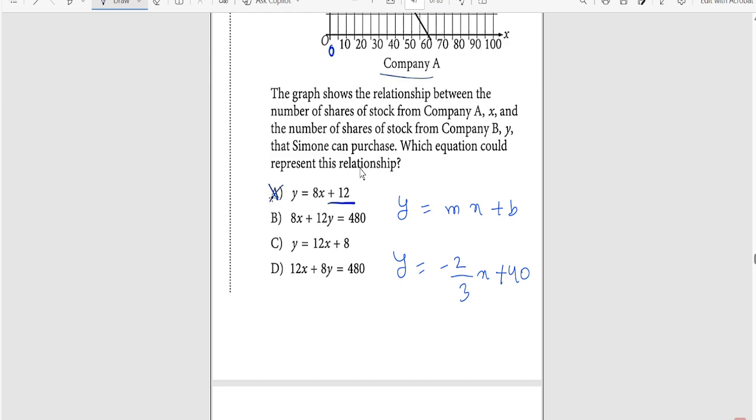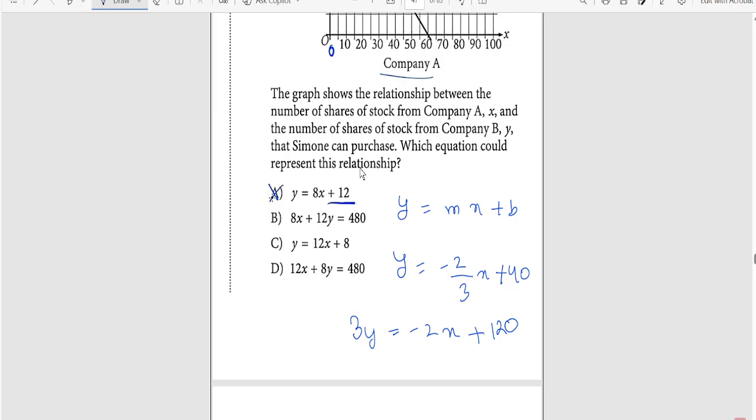So which option is correct? Let's see. Even if I multiply by 3, I will get 2x plus 3y equals 120.